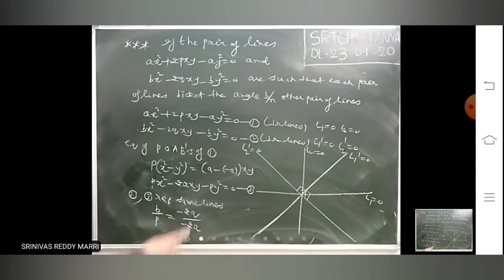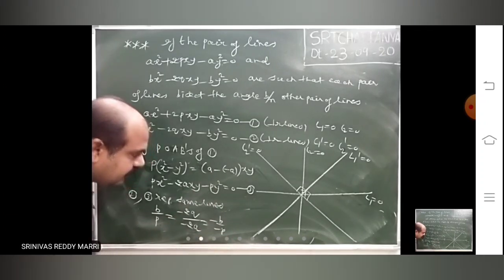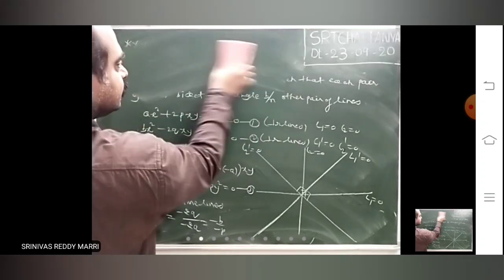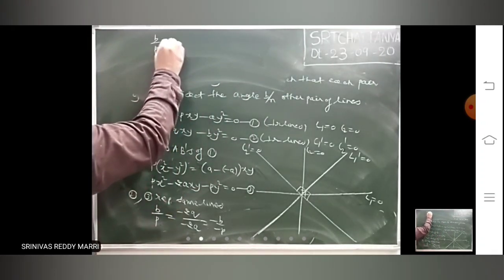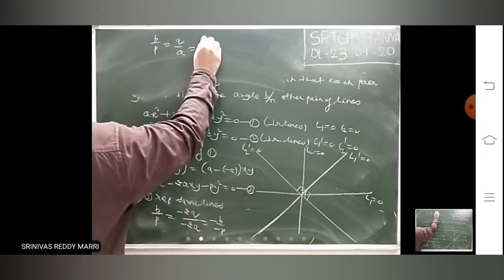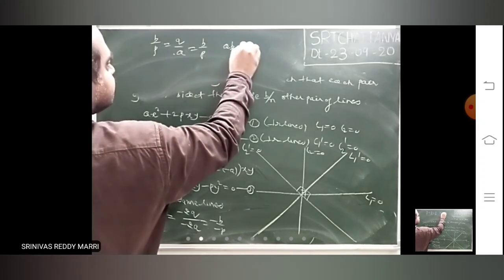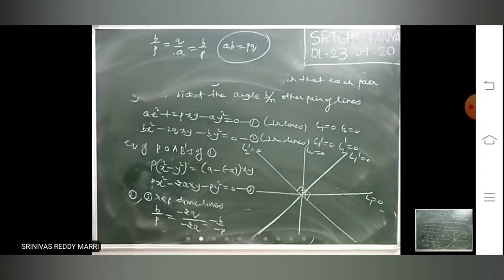Then minus B divided by minus P. So that means what you will get? B by P equal to Q divided by A equal to B divided by P. Equate this and this. So what is the condition? AB equal to PQ. This is the condition.